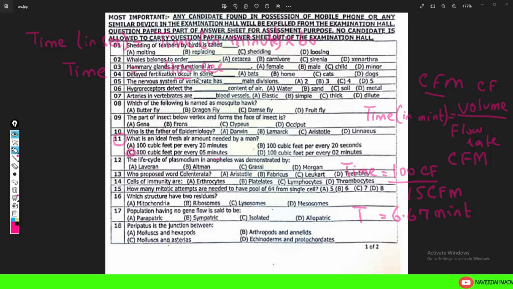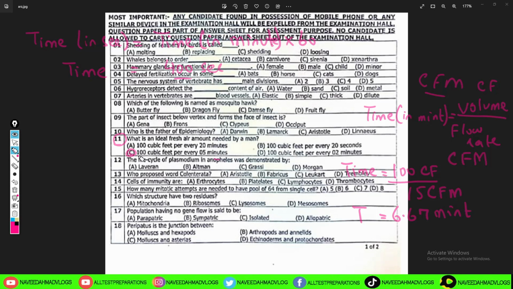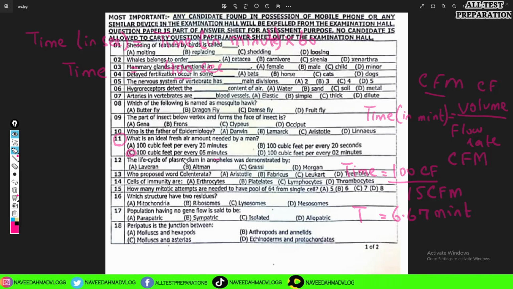So this is the time in seconds and this is the time in minutes. So option C is the correct option, that ideal fresh air amount needed by a man is 100 cubic feet per every 5 minutes. So option C is the correct option in question number 11.